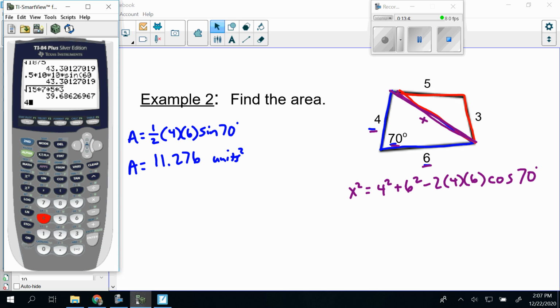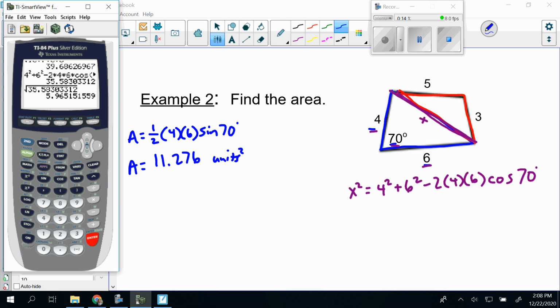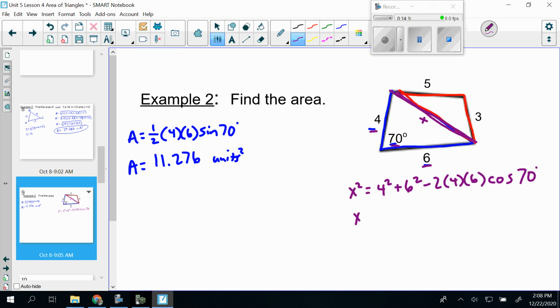So we get 4 squared plus 6 squared minus 2 times those same 2 times cosine 70. All that value we're going to need to square root because it's x squared. So if we square root this, and I'm going to arrow up and copy and paste that, we can find out what that is. So it looks like that length ends up being about 5.965.